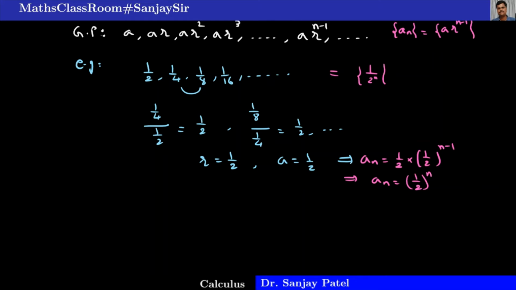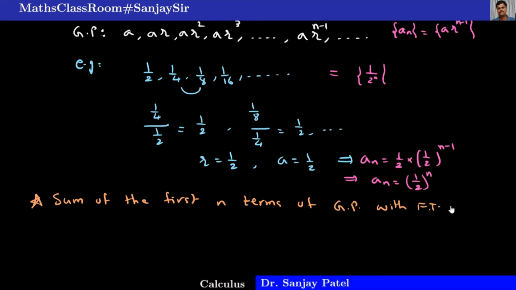So another important thing to remember is the sum of the first n terms of a geometric sequence or geometric progression, with first term a and common ratio r, is given by Sn, that is a plus ar plus ar square up to a into r raised to n minus 1.